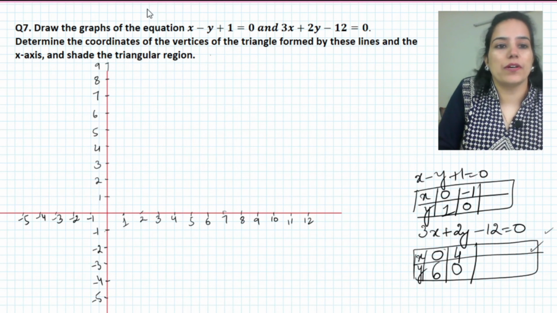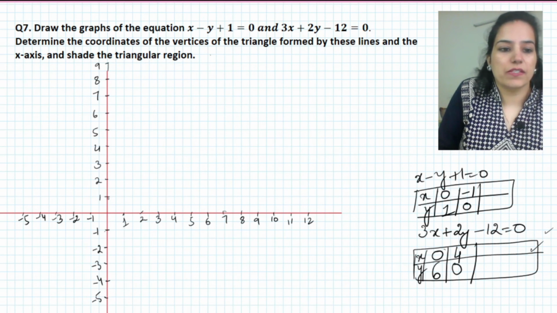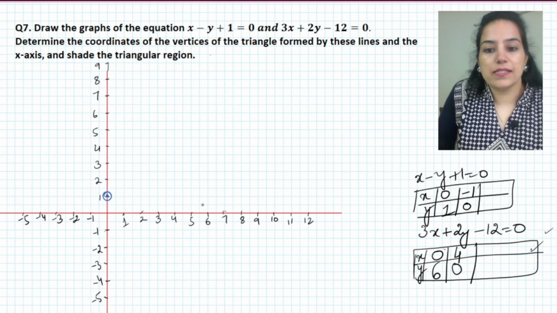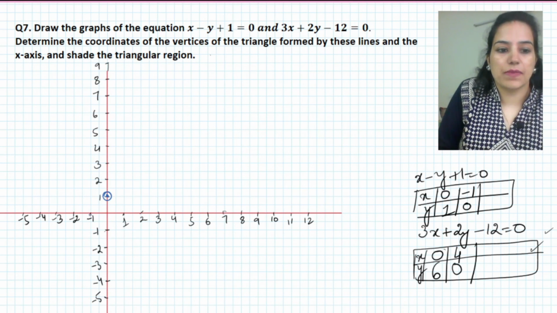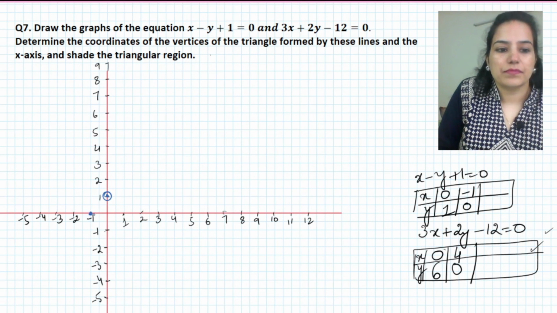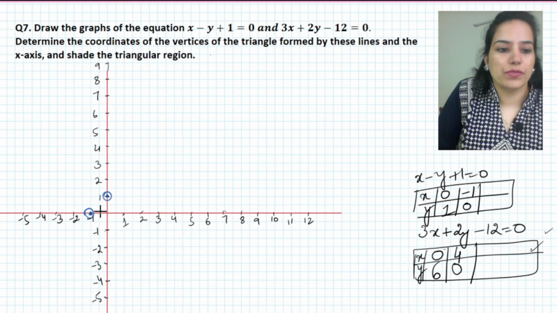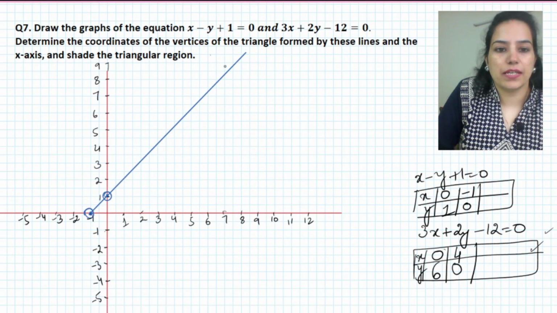So let's plot it now. First one is x is 0 and y is 1. So this is the point here. And then x is minus 1, this is minus 1 and y is 0. Okay, these are pretty close points only. So this goes something like this, right? And I can write it as x minus y plus 1 equals 0.